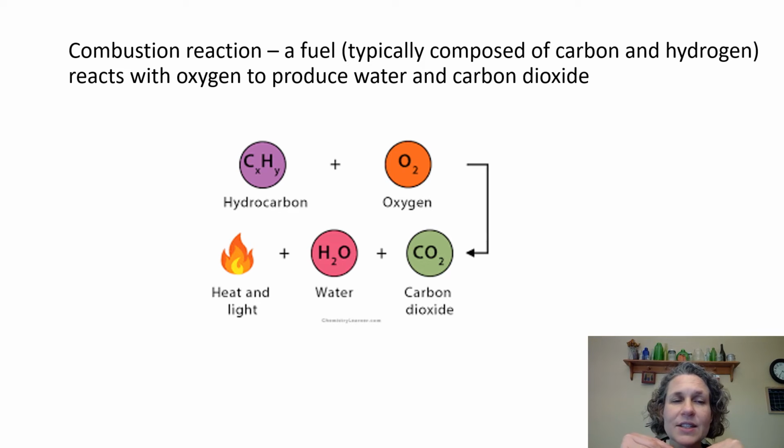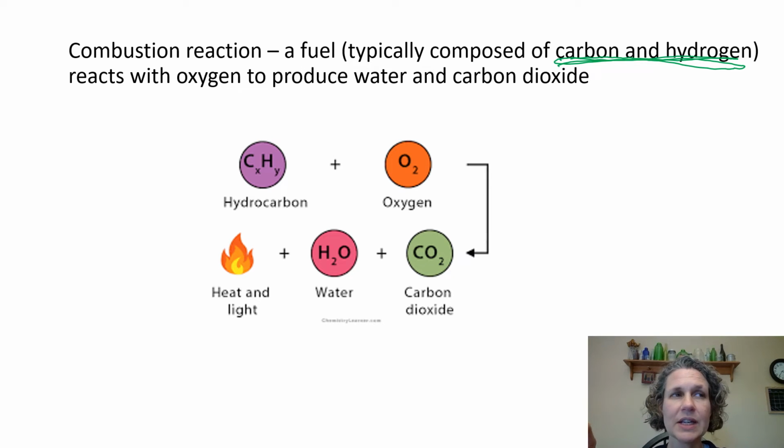Okay, and then the last one, and again, these can all probably be rearranged into multiple categories, but these are kind of the main 5. You have a combustion reaction, and this is typically when a fuel, which is a carbon and hydrogen compound, reacts with oxygen.